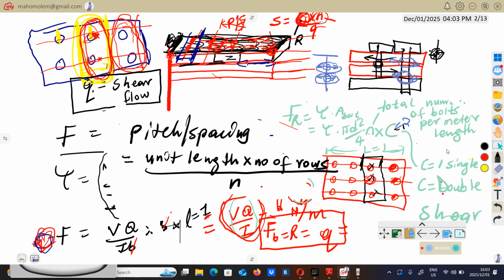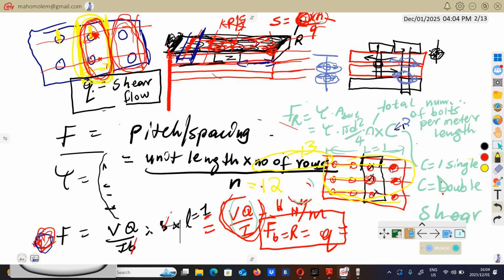So the number of rows, if we consider this part here, the number of rows is going to be 1, 2, 3. So we replace this with 3. Then n represents total number of bolts. If you consider this one here, total number of bolts is going to be 12. So you replace with 12 here.